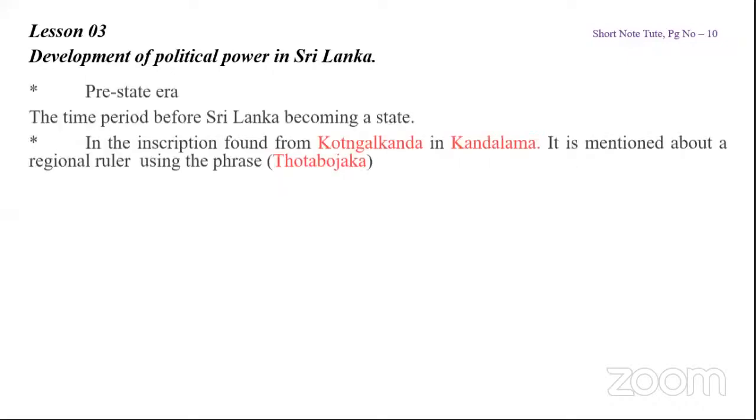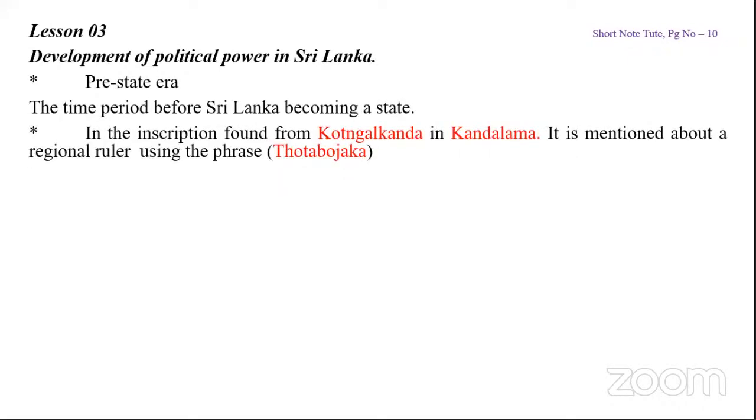So the pre-state era. What is the pre-state era? We divided the history into 4 time periods. Stone Age, the time that man used stone implements and lived in natural caves. Proto-historic time period, the time that people started agriculture and lived in permanent settlements. Then the pre-state era means the period that the leadership was developing.